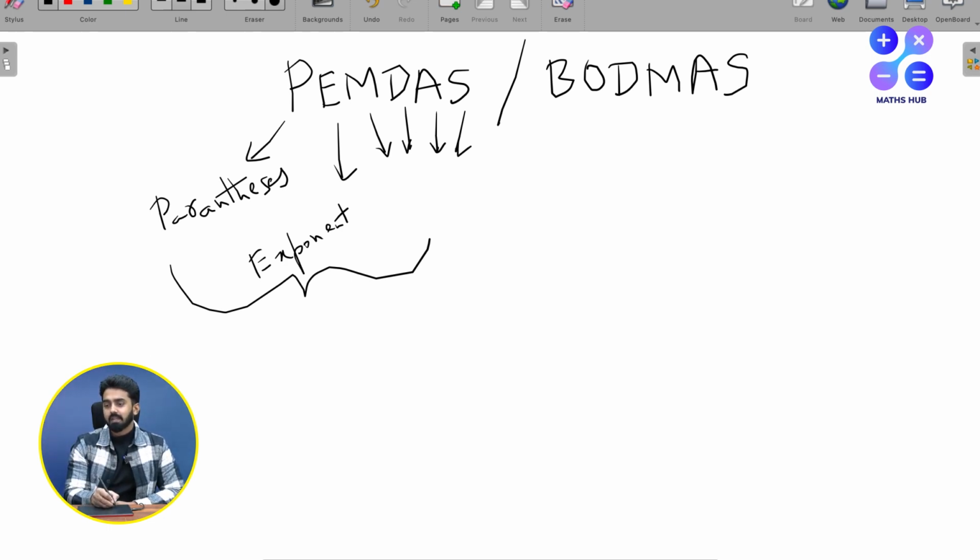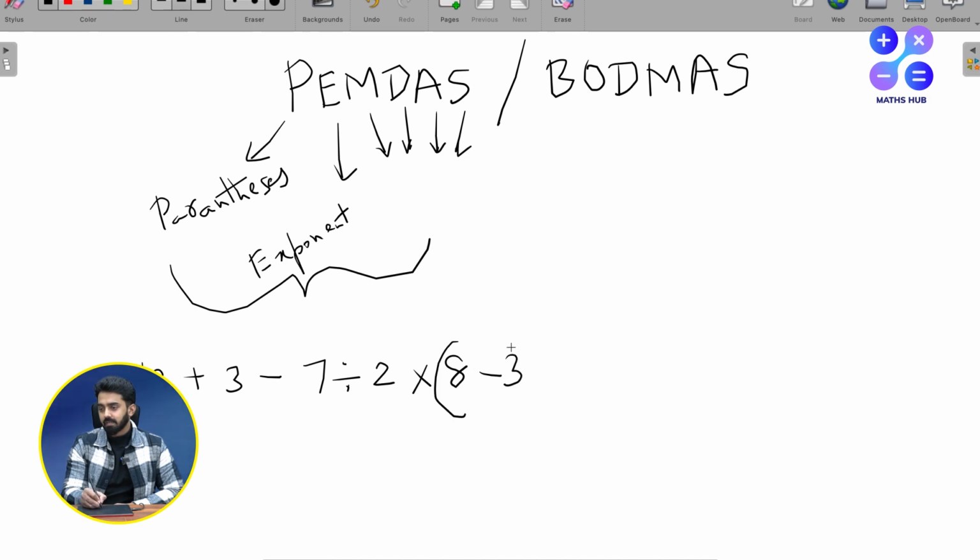So for example, if you take a question like 12 plus 3 minus 7 divided by 2 and multiplied by 8, and you have a parenthesis, let's say, which says 8 minus 3, and then you have a power rule of 5 power 2.